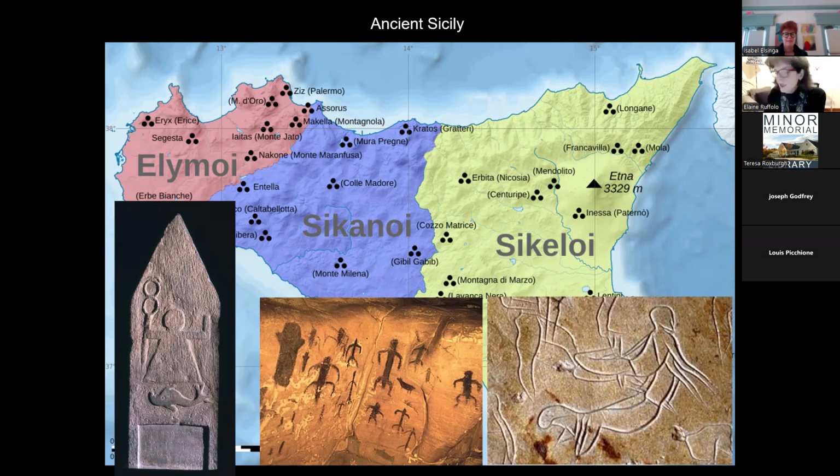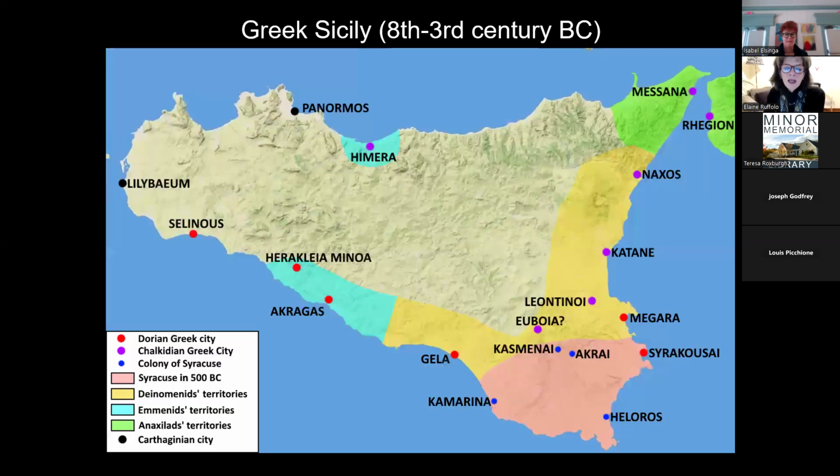But really for us, our period, the beginnings of civilization, higher civilization as we think of it, begins with the Greeks in about the 8th century, so around 700 BC, when Sicily was transformed by a greater civilization, the dominant civilization of the time, the Greeks.